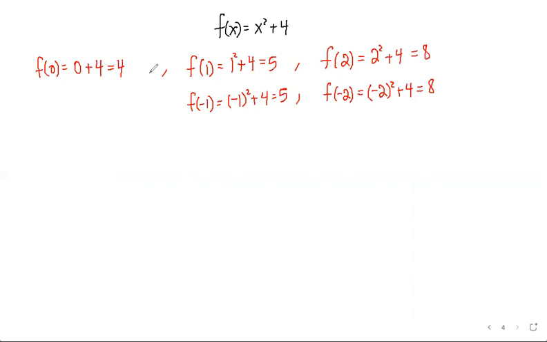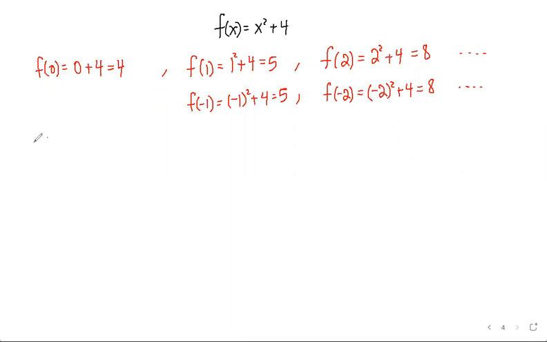And increasing, larger than 4. Same thing when I plug in the negatives, they give me 5, 8, and so on, positives. So the minimum number I can get from this function is 4, and the largest number I can get to is infinity.